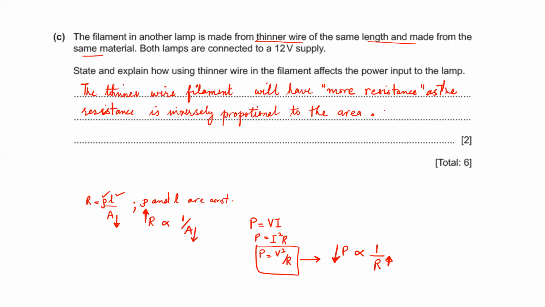Okay. The power is given as V square by R for a constant voltage supply.